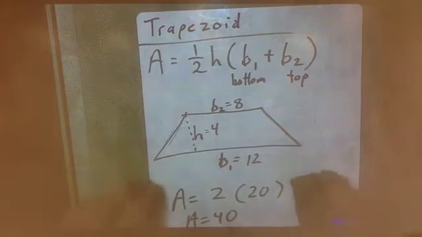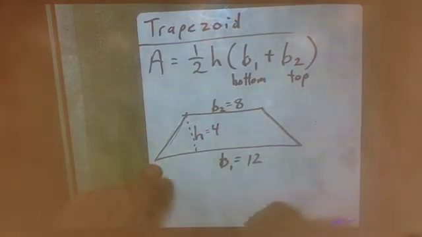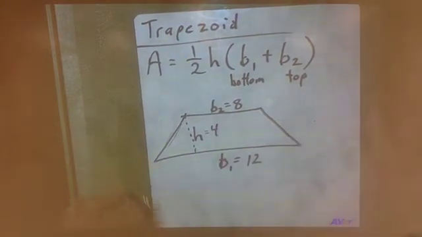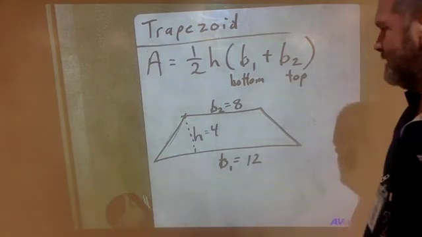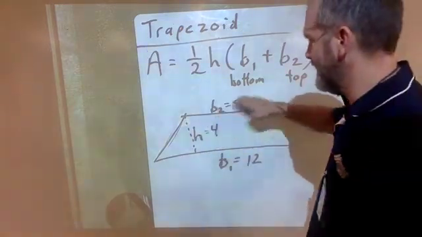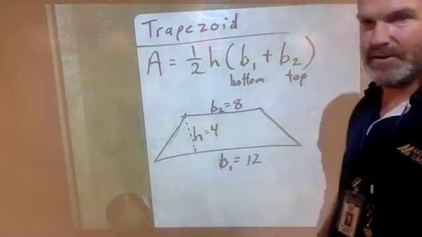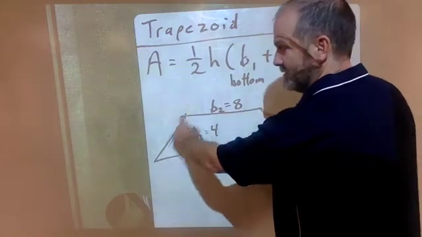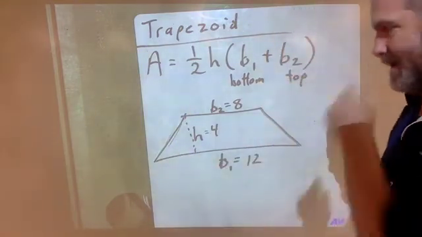All right, let's say you had to find the perimeter of this shape. If you're looking for the perimeter of this shape, you are not going to use the height because that's in the middle of the shape. Perimeter is the outside. So when it comes to the perimeter, you do need to know the lengths of these diagonals because that's the outside of the shape.